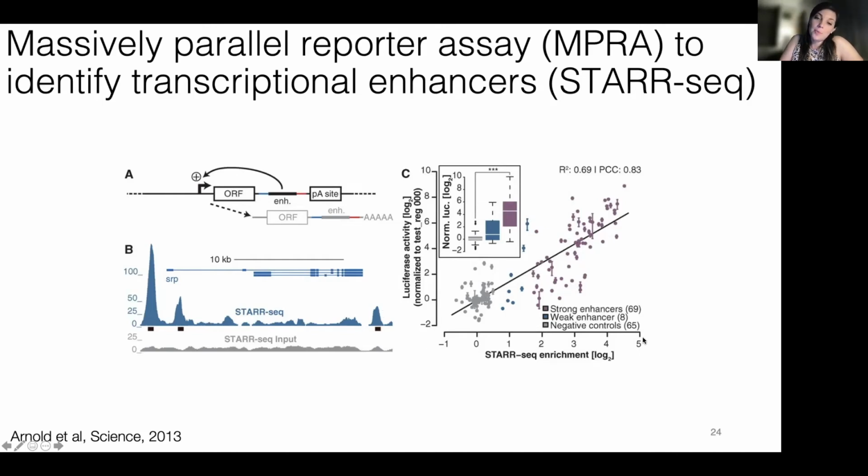And here, the most important part that I want you to see is that the luciferase activity on the y-axis and then the STARR-seq enrichment on the x-axis are highly correlated for strong enhancers, and weak enhancers are here, and then there were some negative controls here that are really highly correlated. STARR-seq is a nice method to do something genome-wide. And there's all sorts of different clever ways to parallelize reporter assays that help us understand activity of these different genome elements like enhancers.